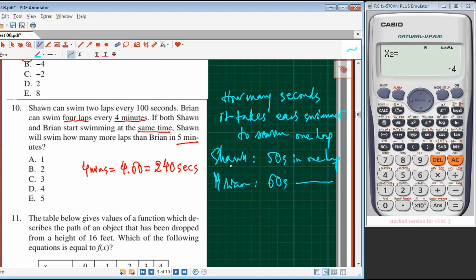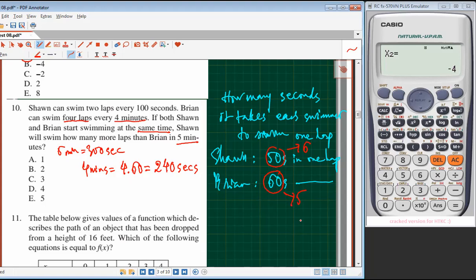We will turn into the last step of 5 minutes. 5 minutes, that is 300 seconds. So we take 300 divided by 50, we get 6, and 300 divided by 60, we get 5.